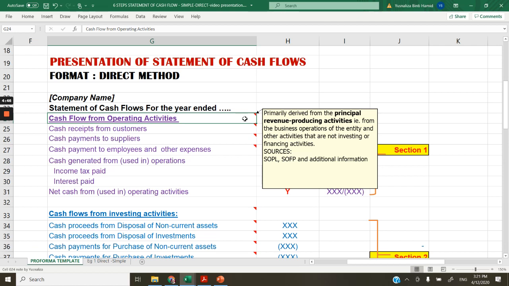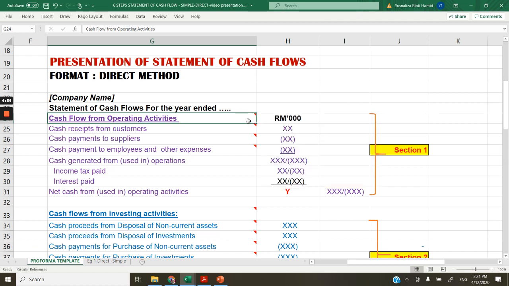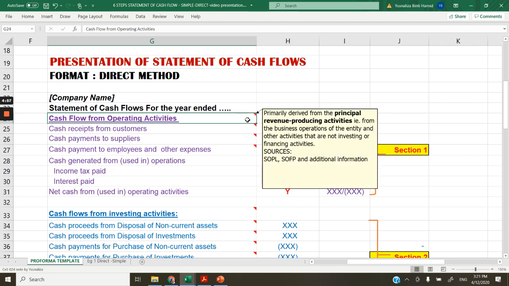Another way of discussing this is bottom up, where we can start off by looking at first what are the investing activities and what are the financing activities, and later we will focus on what are the operating activities.